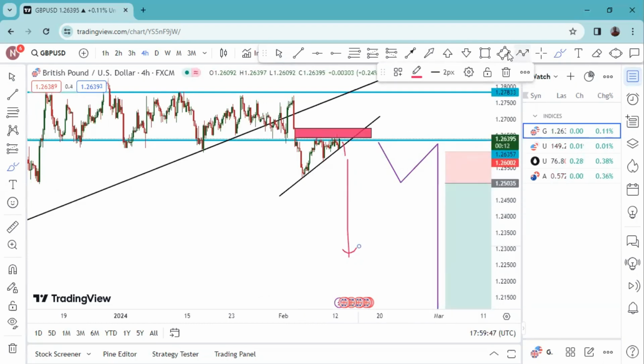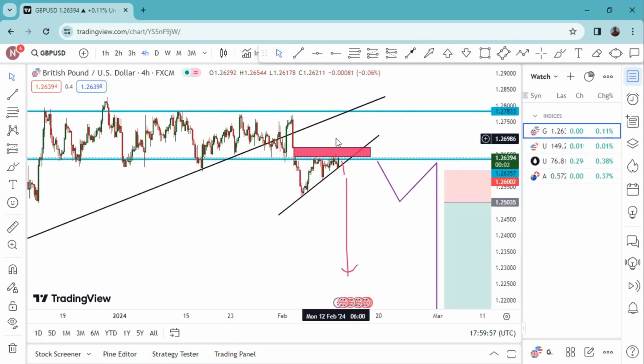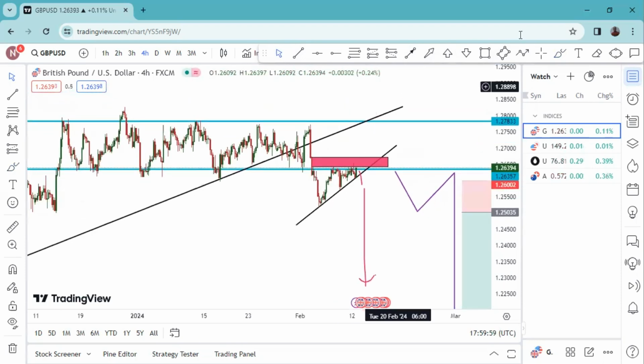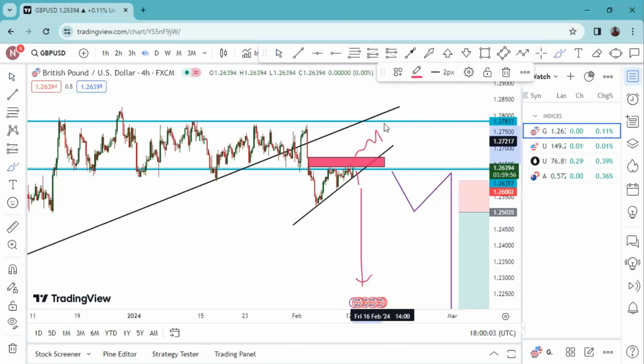But the market might decide not to break and instead pass the 61.8 level. Then maybe it can consolidate like this, then break to the outside and retest that level. Then I can take a buy. But for now, I'm hoping for a sell.